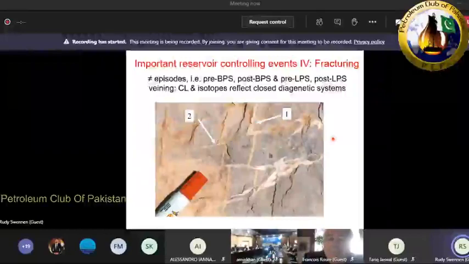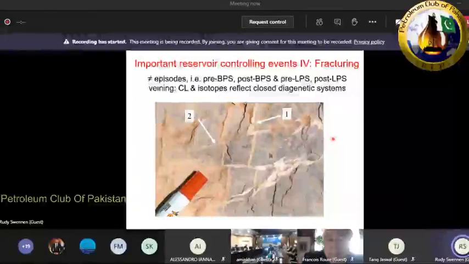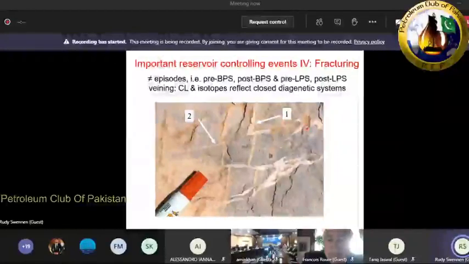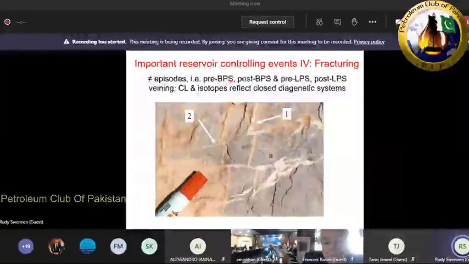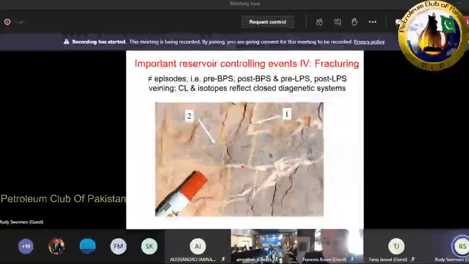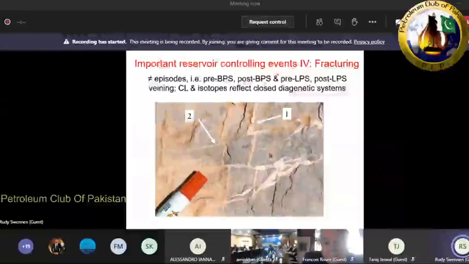And then obviously a very important reservoir controlling factor is the fracturing or the fractures. Based on the stylolites, we can recognize the veins which are pre-bed parallel stylolites, pre-compactional, or post-bed parallel stylolites but before the layer parallel shortening stylolites.